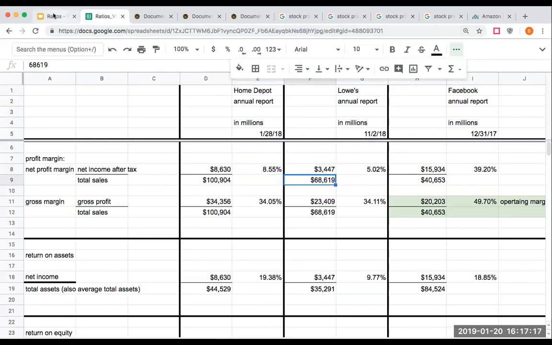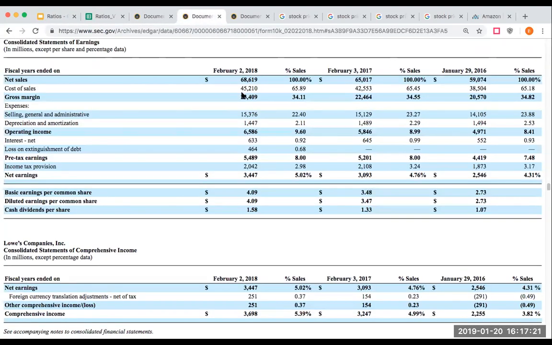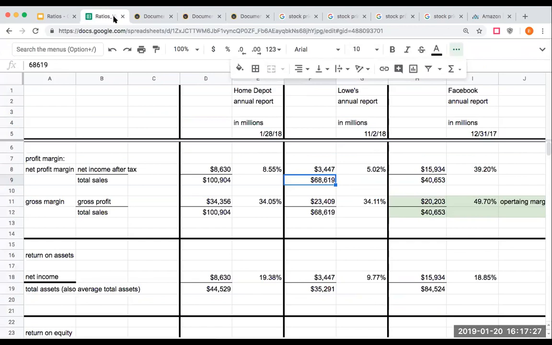For their gross margin, their gross profit was $23.4 billion, and we're dividing that by the total sales, which gives 34.1%.